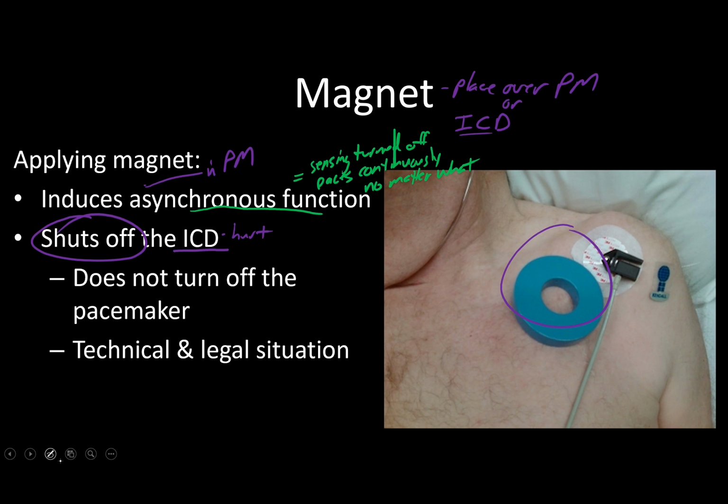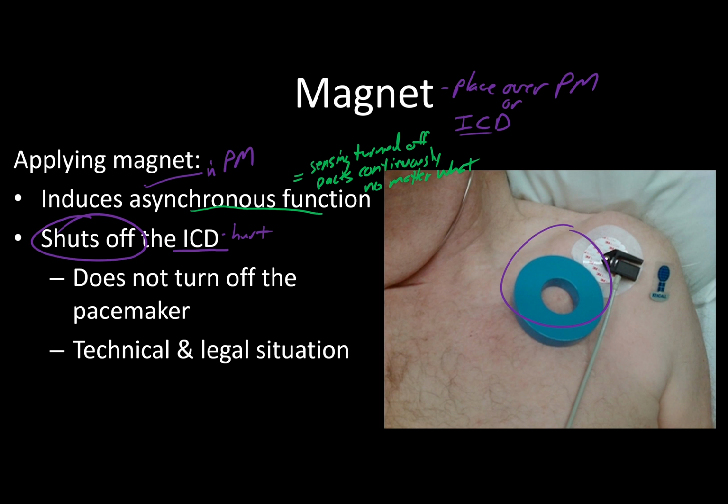Basically the pacemaker no longer looks to see what the patient is doing, and just goes ahead and paces all the time no matter what. And that's really cool, because if a patient has a pacemaker malfunction where it's firing a whole bunch, like trying to pace the patient really fast, put the magnet on, it slows it down.